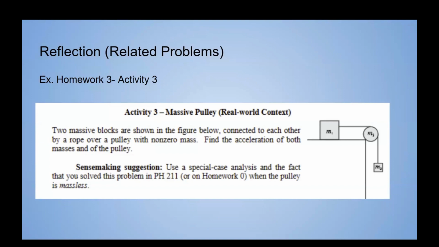For the reflection portion of our presentation, we've chosen to include two examples from past homework assignments to show the similarities between them. Our first example we took from homework 3. This problem contains a pulley system that we needed to find the acceleration of. When we solved this problem for the homework, we needed to understand how the two masses acted upon each other because they're tied together by a string.